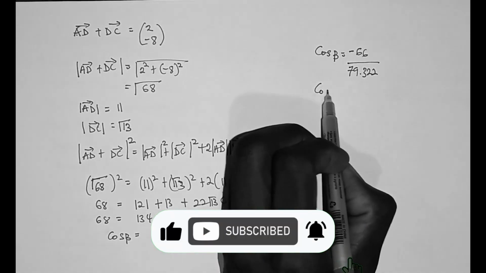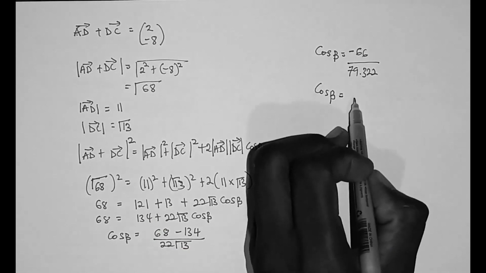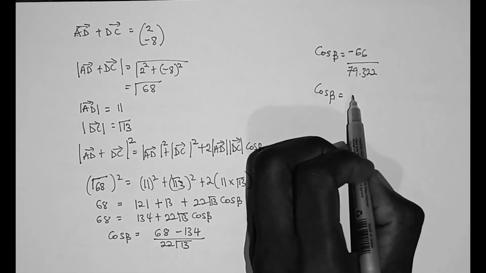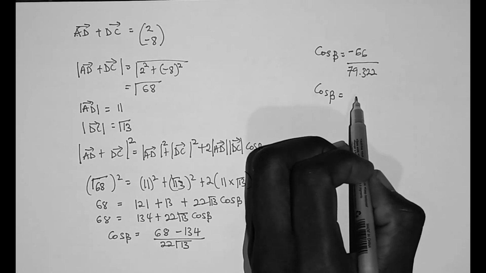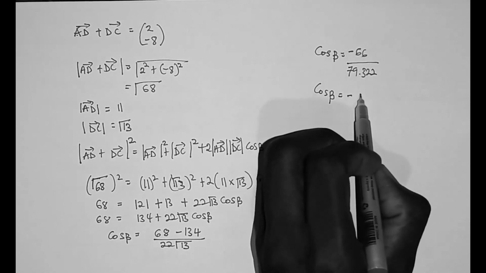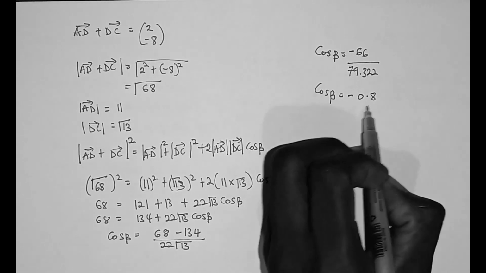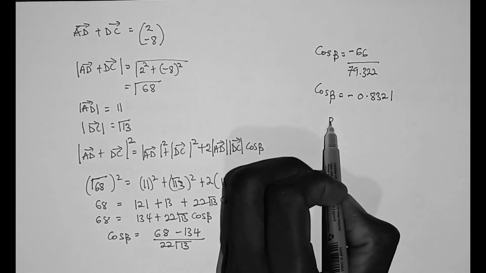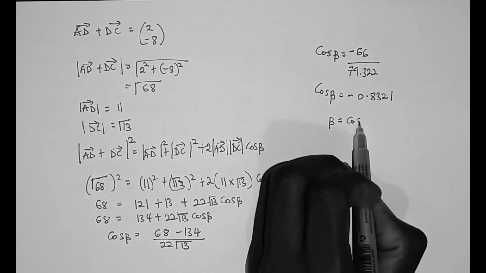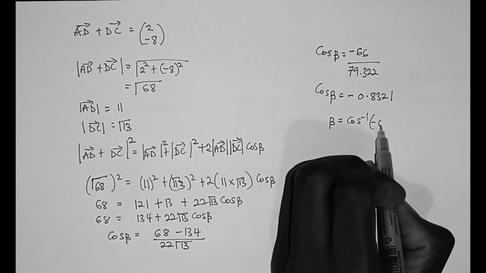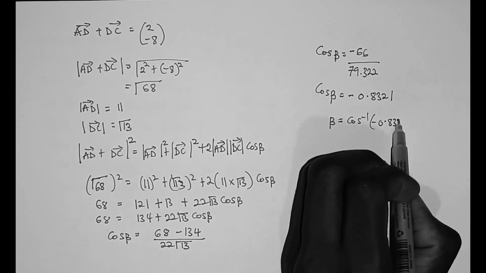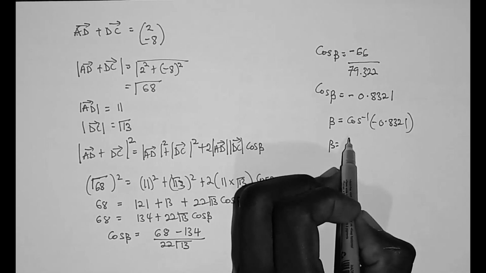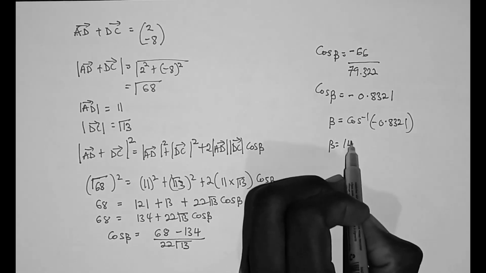So cos beta is equal to minus 66 over 79.322, which is minus 0.8321. So beta is equal to cos inverse of minus 0.8321. Therefore, beta is equal to 146 degrees.